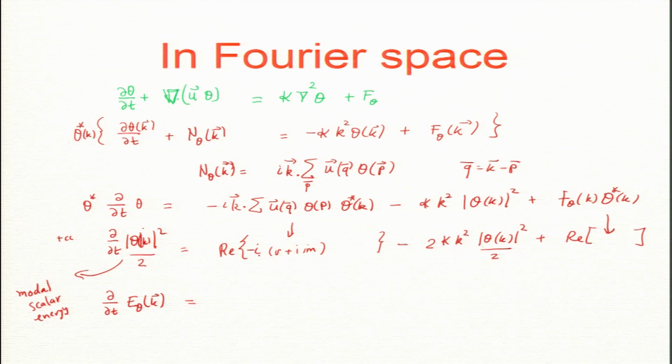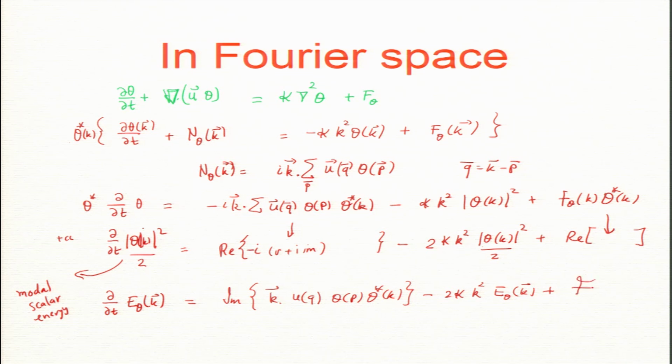So, real of minus I r is 0, right. So, only the imaginary part will contribute, and I squared will give you minus 1. So, minus 1 equals plus. So, it is imaginary of k dot u of q theta p theta star of k, and this is minus 2 kappa k square E theta of k, and this is same as that. So, we just keep it.